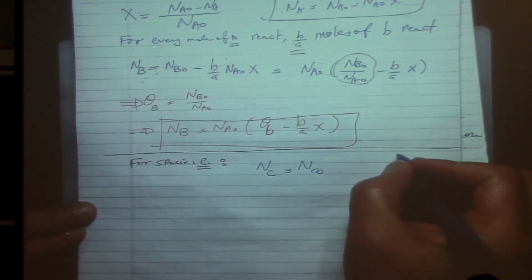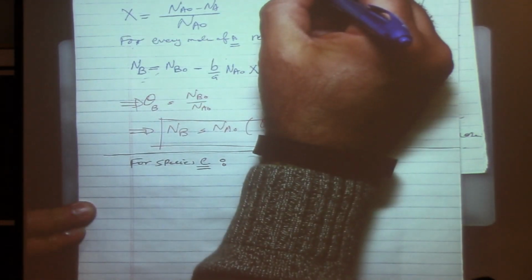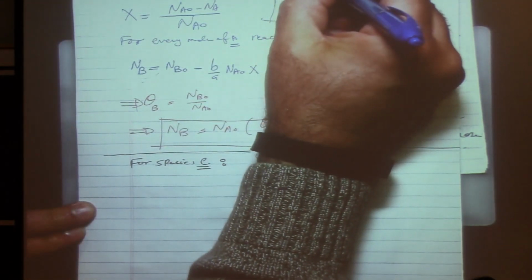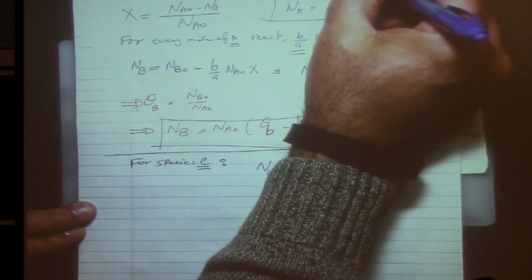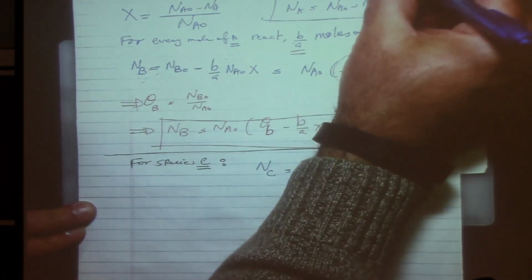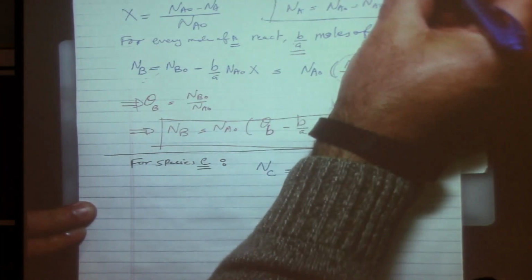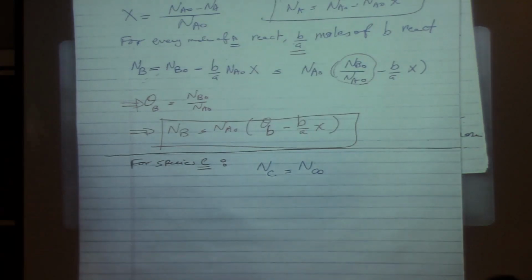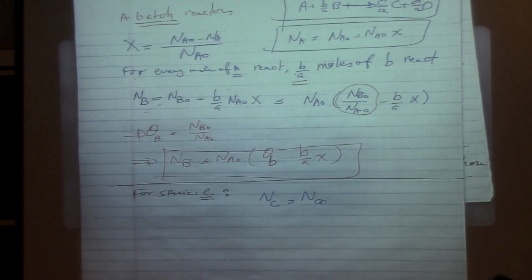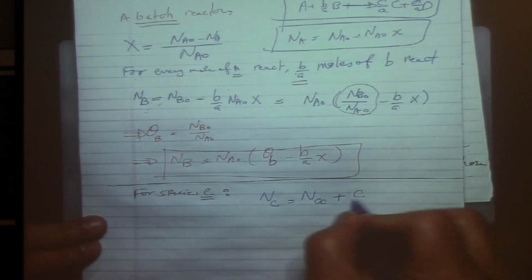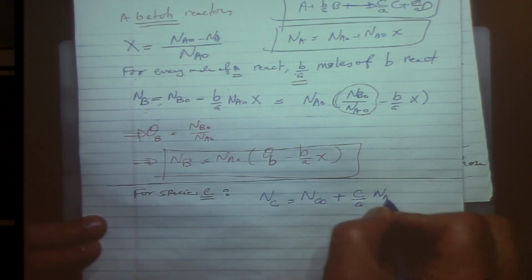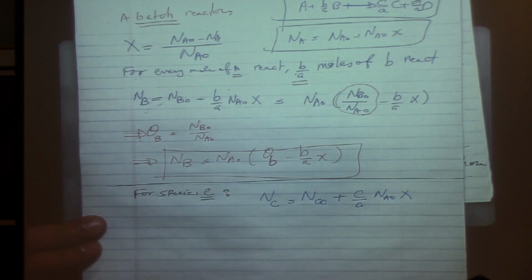We are talking about the reaction aA plus bB gives cC plus dD. So NC is NC0 plus c/a NA0 times X, correct?